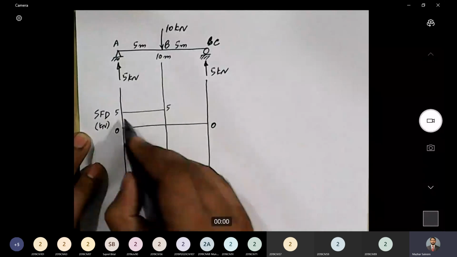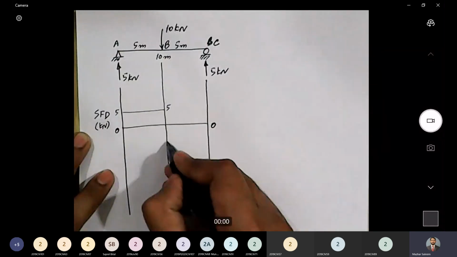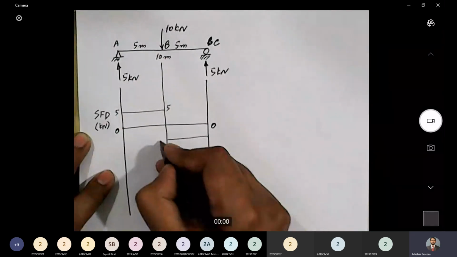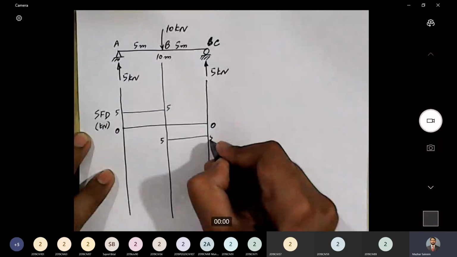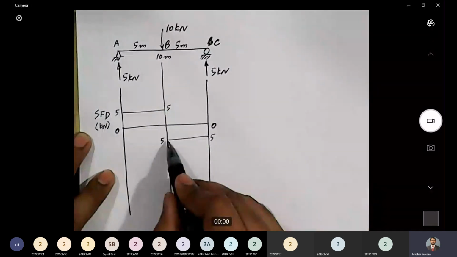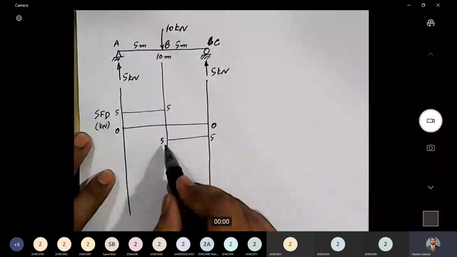For portion AB, the value of shear is 5, and for portion BC, the value of shear is -5. So how did we incorporate this -5? We incorporated it by drawing this 5 below the 0 line, because V was negative for portion BC.